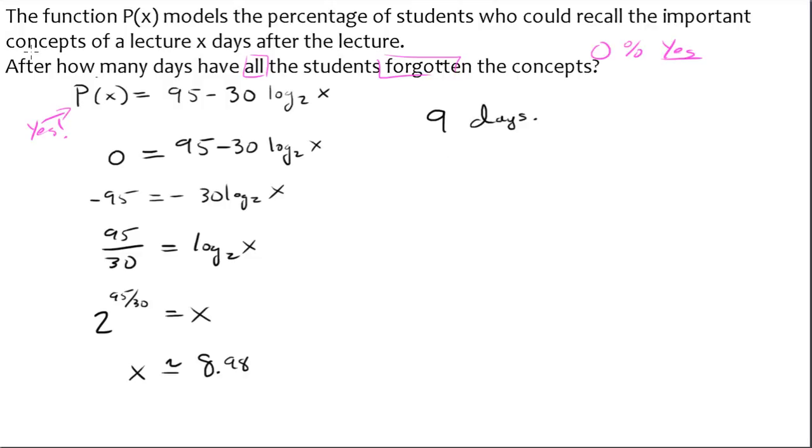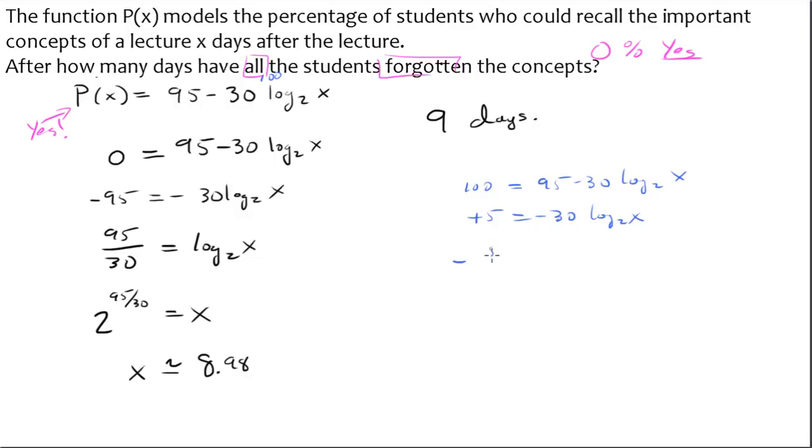What if I'd have done this wrong? What if I'd have said all means 100? I would have had 100 is equal to 95 minus 30 log 2, right? So that's a positive 5 is equal to negative 30 log, pardon me.